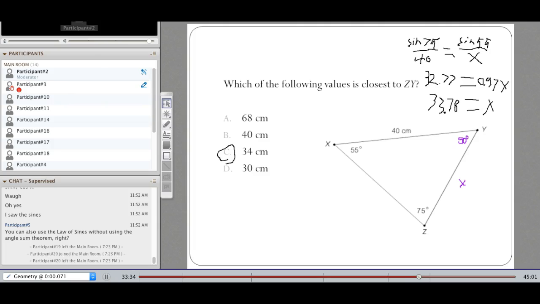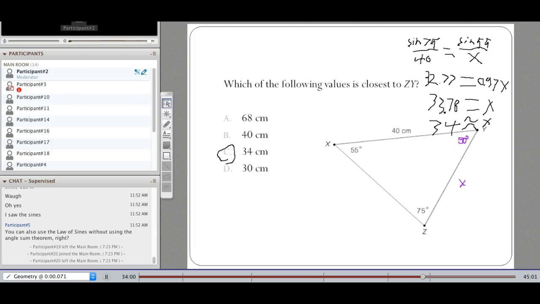Use your algebra. Oh no, it looks like some of the rest of you are having Blackboard trouble. That's right, Mwada. So you don't have to use the triangle sum theorem. I was just trying to demonstrate that, because I know a lot of you probably thought, I'm going to do the sine, cosine, or tangent, opposite over adjacent.